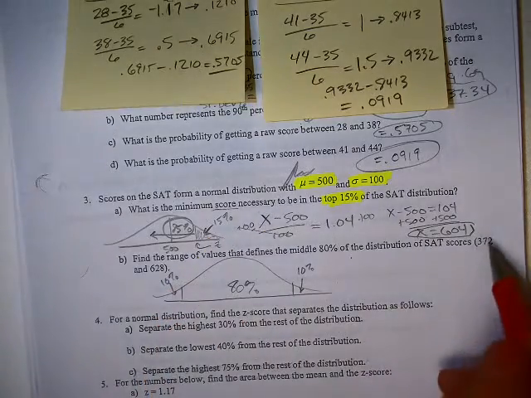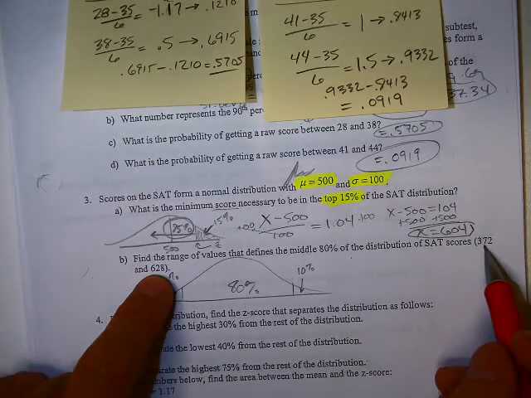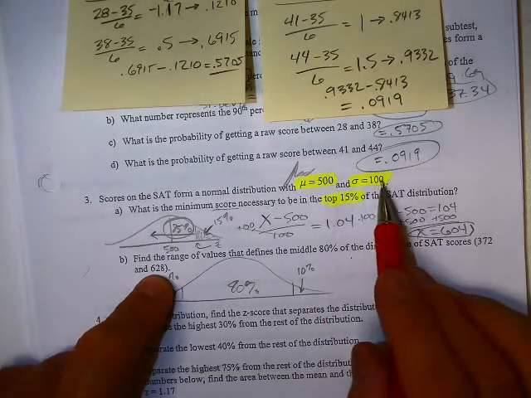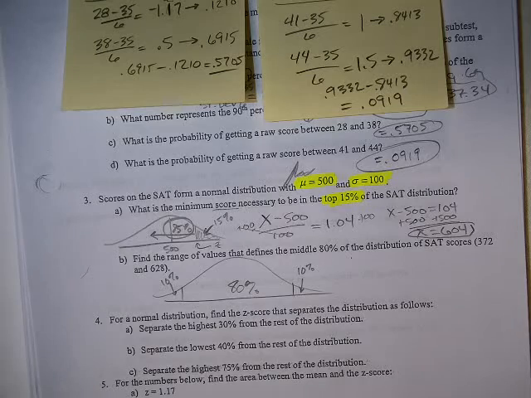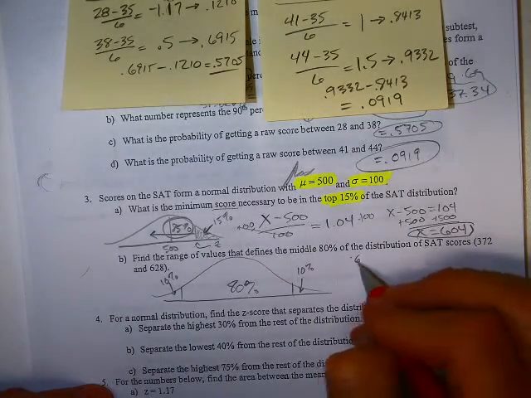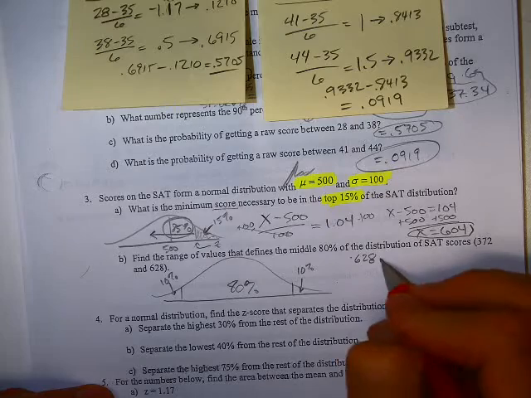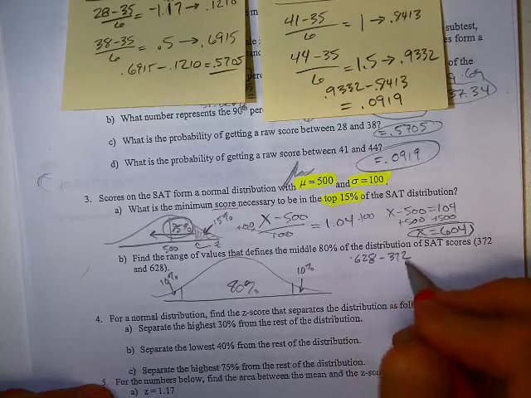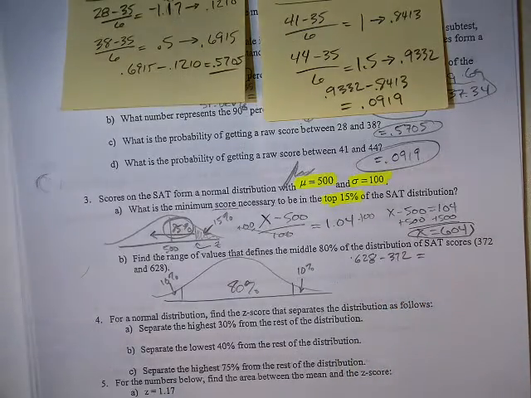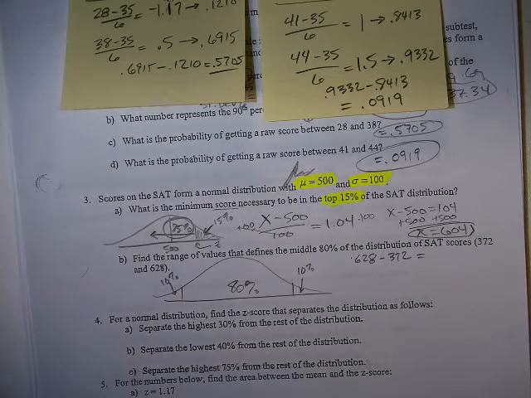Now, you can use these and standardize both spots with the 500 and the 100, but I think there's an easier way. And how I changed this question, by the way, to answer the question the way it's asked, you literally would just take the 628 minus the 372, and I won't deny that there are some questions that are that easy sometimes on tests and problem sets and stuff like that.